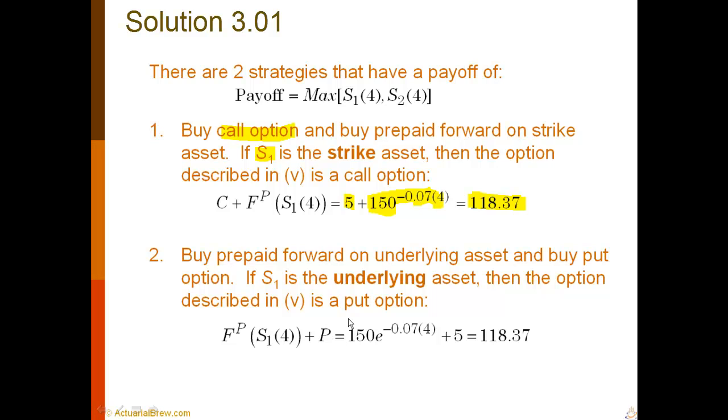Well, we're able to give up stock 1 in order to get a share of stock 2, and therefore stock 1 would be the underlying asset if that option is a put option. Well, the value of the put option is 5, and we can see that we need the prepaid forward price of the underlying asset, and we've calculated that right here, and once again we come up with the correct answer of 118.37.